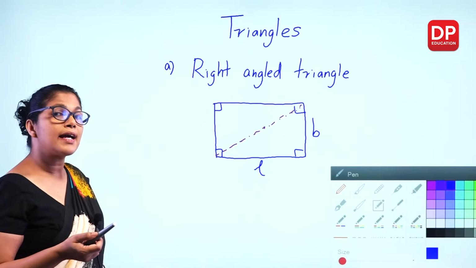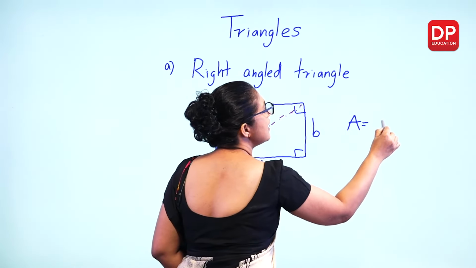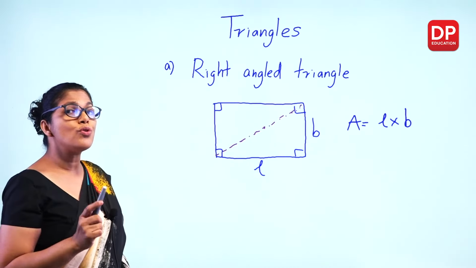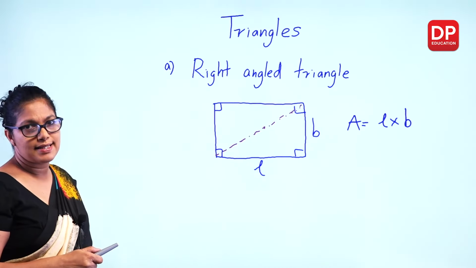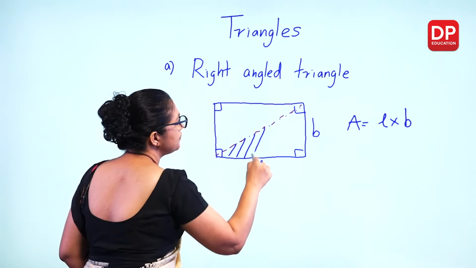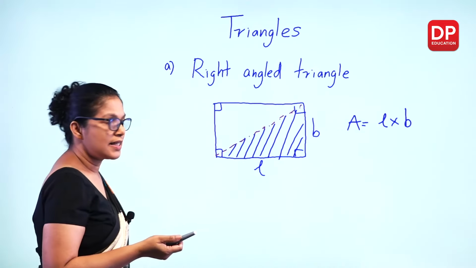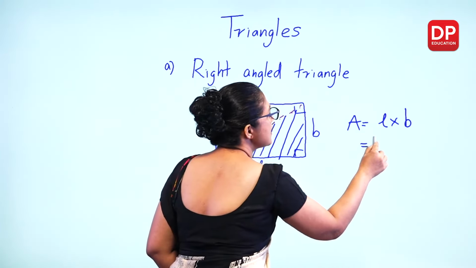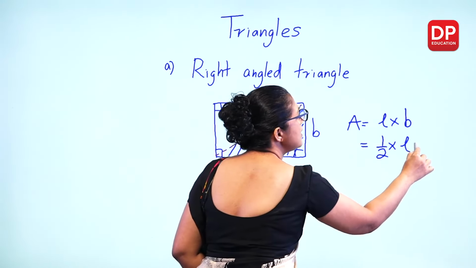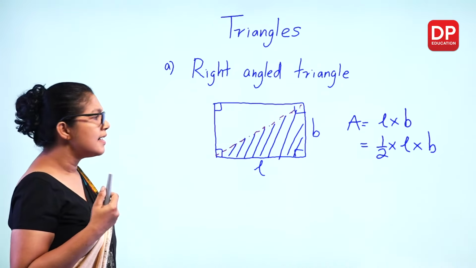If this is a rectangle, what's the area? The area of a rectangle is length into breadth. But if I divide this into two equal triangles, what is the area of one triangle? You get half of it. So here, what happens? You take half times L times B, because these two triangles are equal.